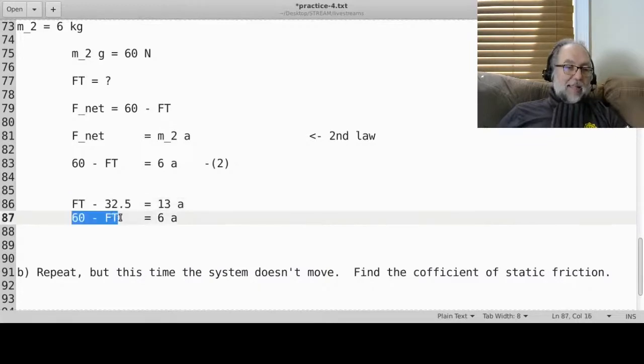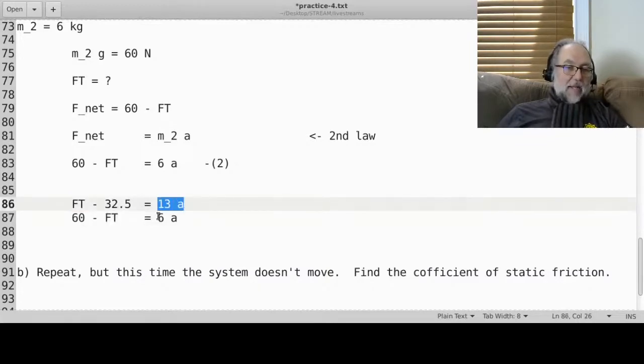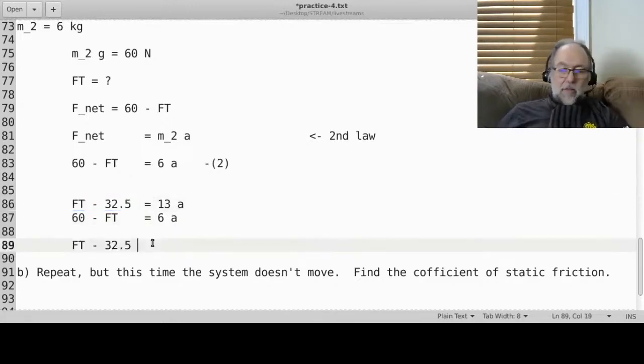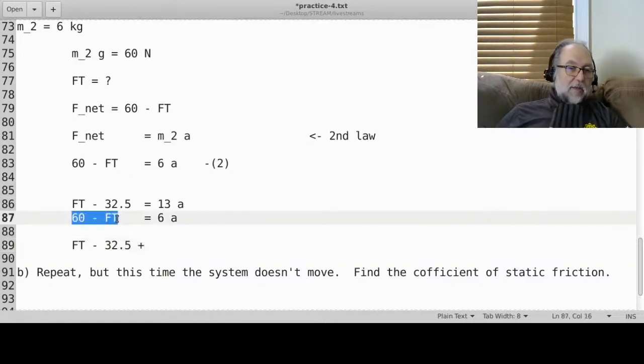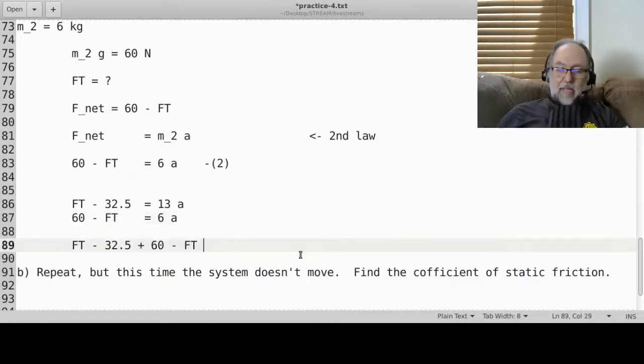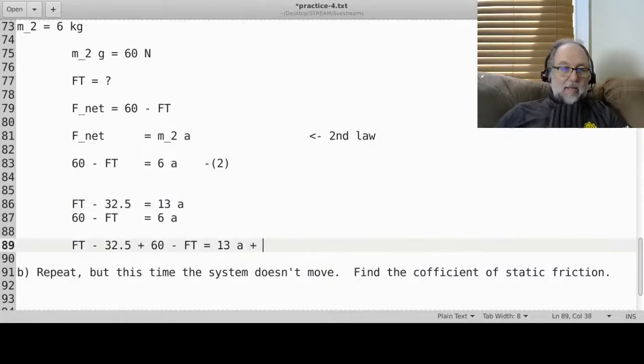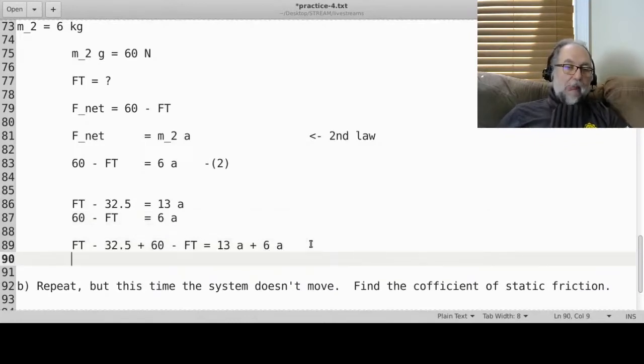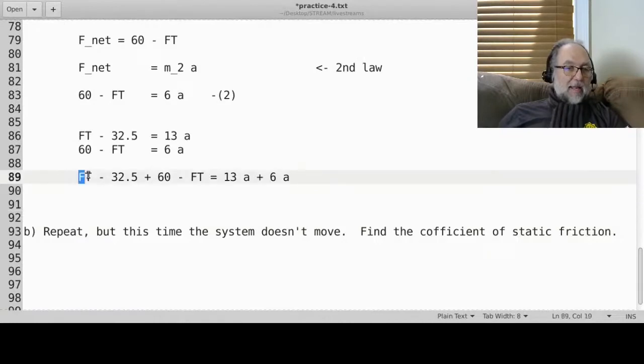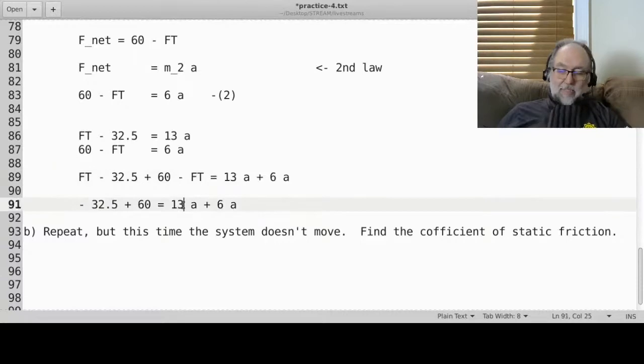All you have to do is add the left-hand side to the left-hand side and the right-hand side to the right-hand side, and the Ft cancels out. You'll notice that Ft here cancels Ft there. So you're going to have that is equal to, and 13 plus 6, what's that equal to? 19.